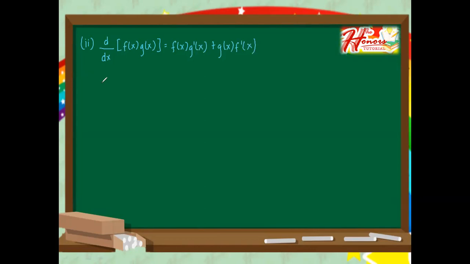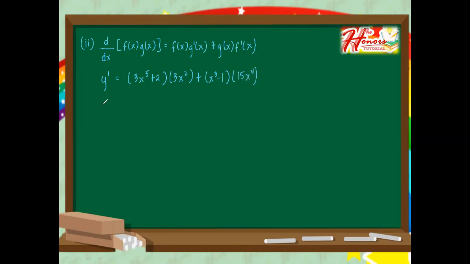Okay, so now to get the derivative of the equation given, we will be writing y prime is equal to f of x, and that is 3x raised to 5 plus 2 times g prime of x, and that is 3x squared. So we have here 3x squared plus g of x, and that is equal to x cubed minus 1 times f prime of x, that is equal to 15x raised to 4.